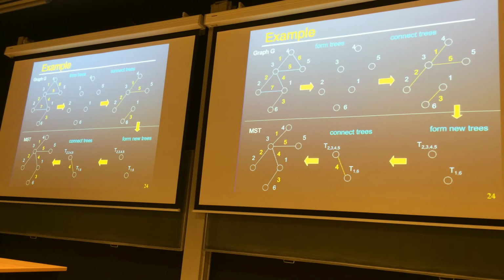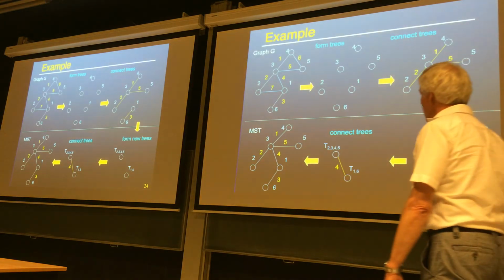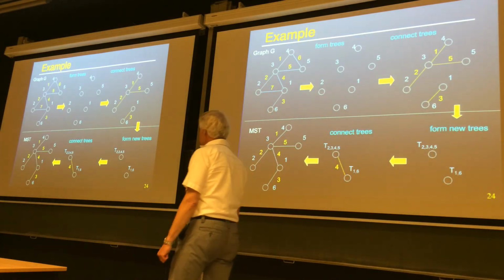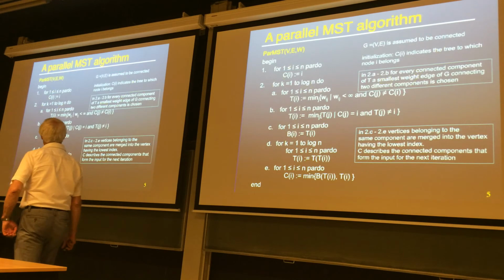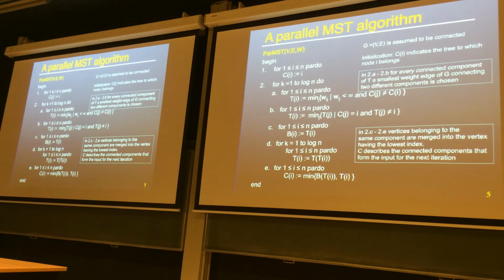Then the merging step, of course, is also quite easy, because that means that you have to find out the identity of a node given in a certain tree, and that we already knew too. That can be done by pointer jumping, but also by the balanced tree operation. That will definitely not require more than log n steps. So in each step we do not need to spend more than log n operations, and since the number of iterations is also log n, the total time spent is log squared.